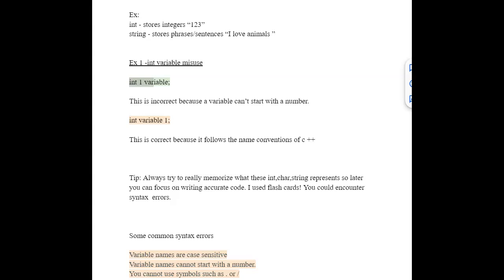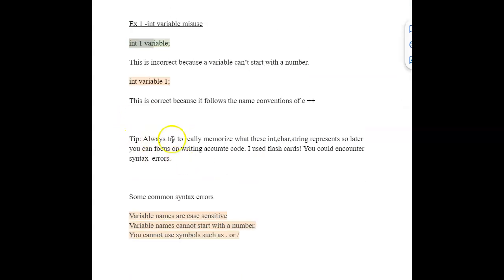So in saying that, one of the number one tips I learned, and I'm just sharing, you don't have to use it obviously, is making flashcards. Flashcards for me, like I said, I'm a visual learner, so flashcards allowed me to memorize the specific variables, whether it be function or string or whatever, and it makes me remember what it represents in writing accurate code.